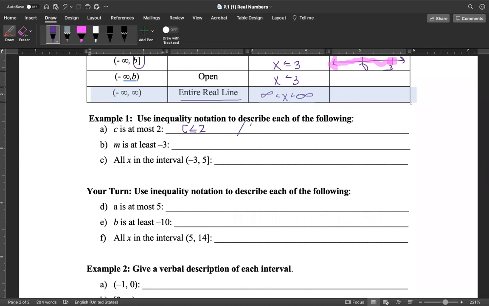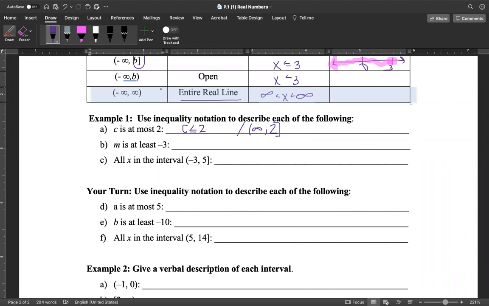So less than or equal to 2, so that means bracket, parenthesis. And if you notice, anytime I have infinity, I have to have a parenthesis because it cannot be equal to infinity. And we are including 2, so that's a bracket.